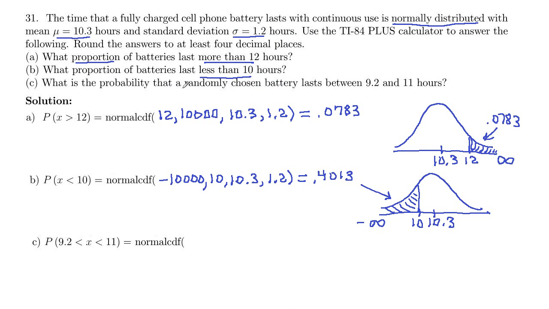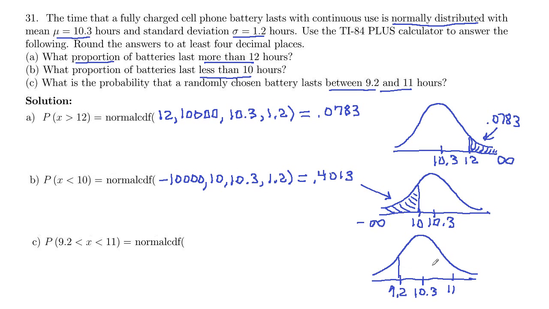And then lastly, what's the probability a randomly chosen battery lasts between 9.2 and 11 hours? So we sketch our bell-shaped curve, that proportion of the data. We've got 10.3 in the middle, and 9.2 is below that, and 11 is above that.